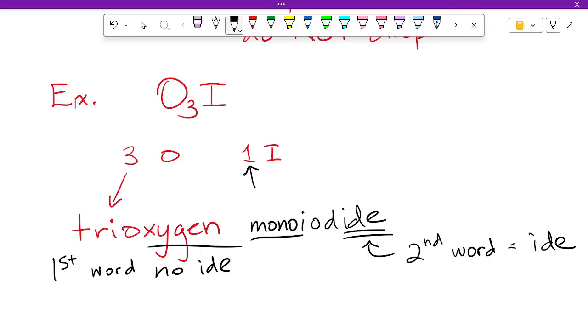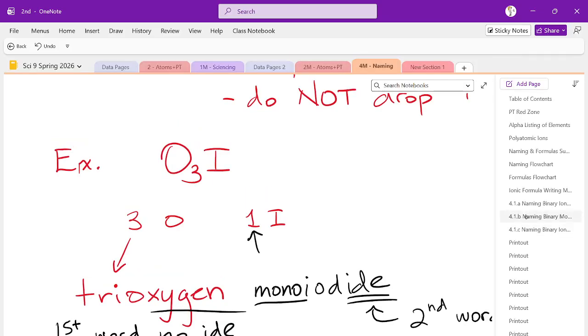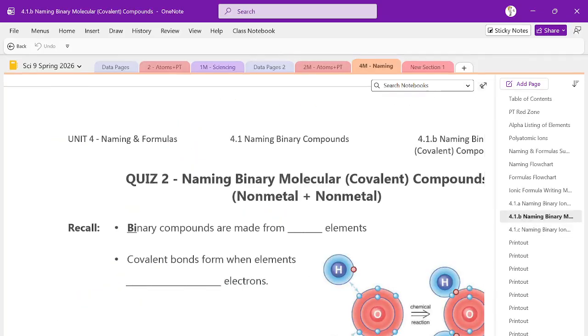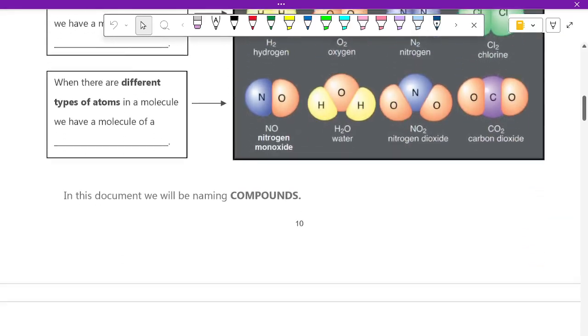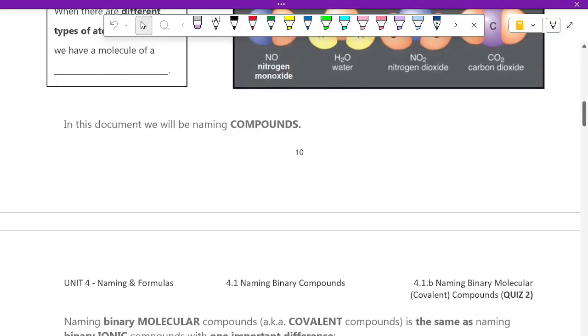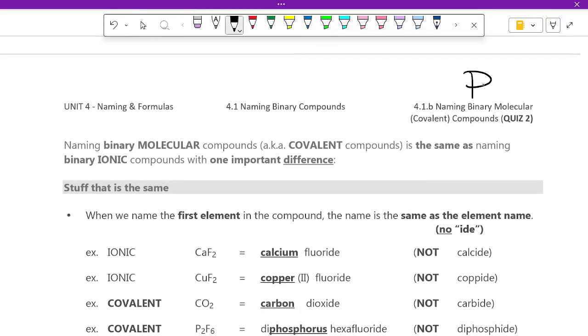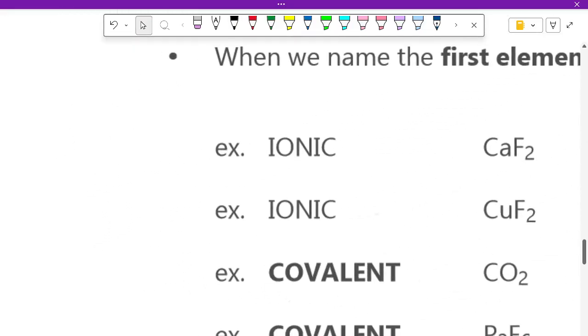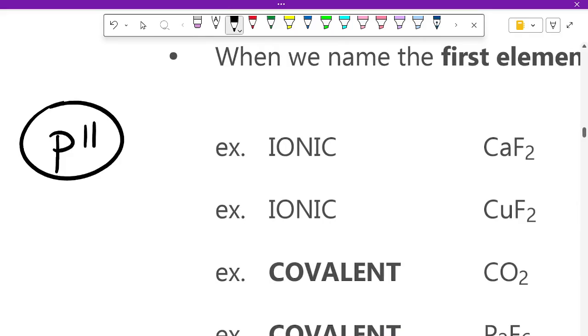Shall we just look at a few more examples? Like not write them down, but just look at them? Yeah? Okay. So this is on page 11. So we have two types of compounds.